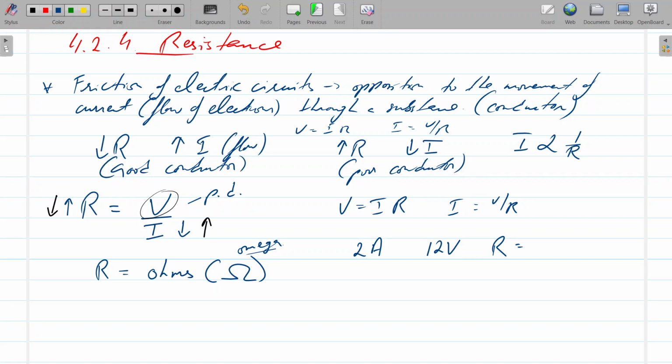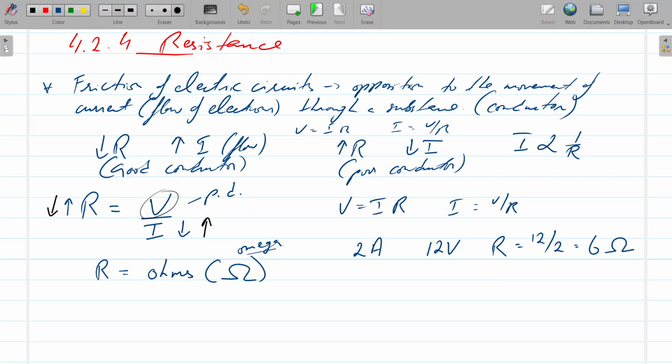what's your resistance going to be? We will do 12 over 2, which will give me 6 ohms.